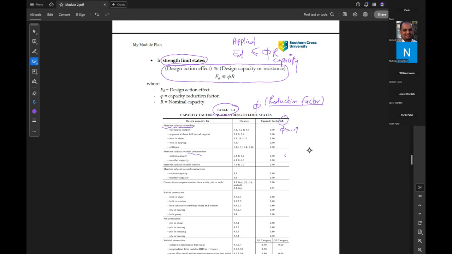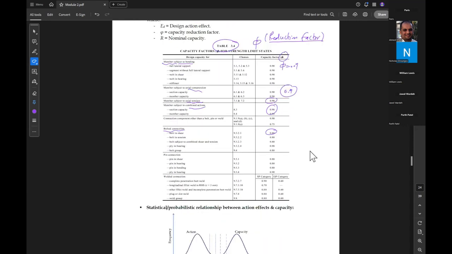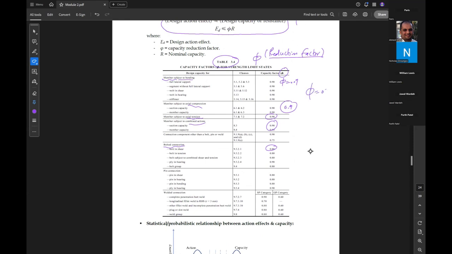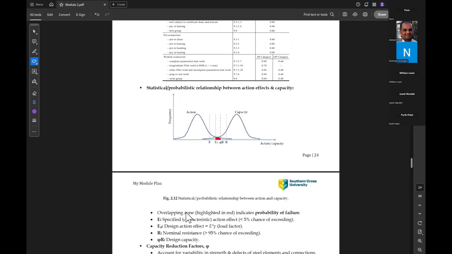For axial compression, it is also 0.9. For axial tension, 0.9. For combined actions, 0.9. In some cases it is 0.8, like in bolted connections. So generally for our design, phi equals 0.9, for the member under tension, under compression, and under bending moment. And this chart shows the 5 percentile of failure that can happen using the ultimate limit state.